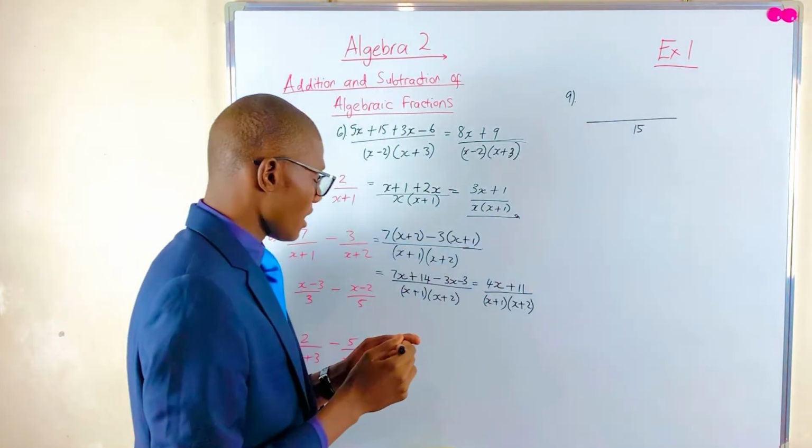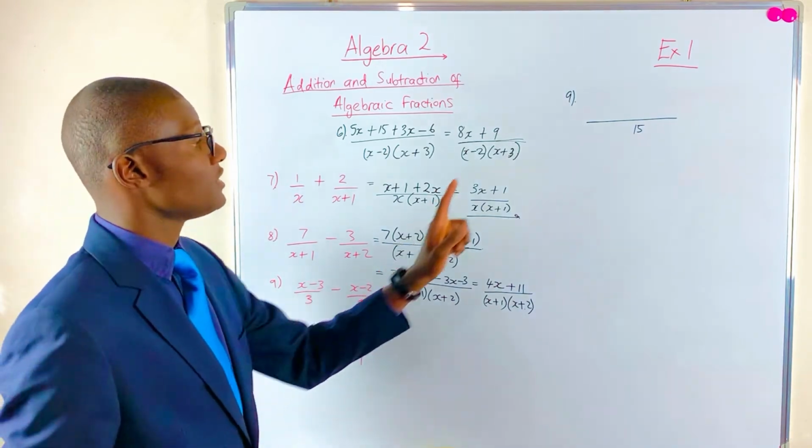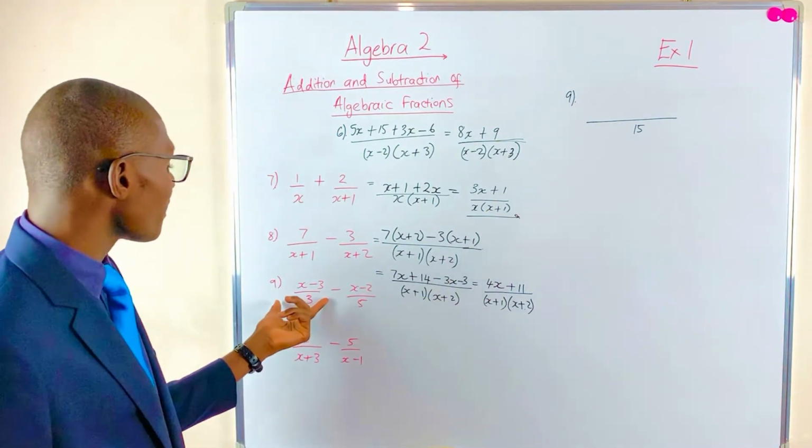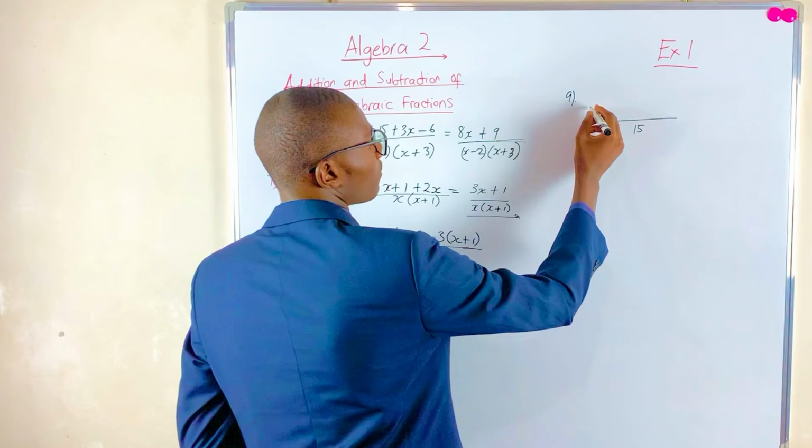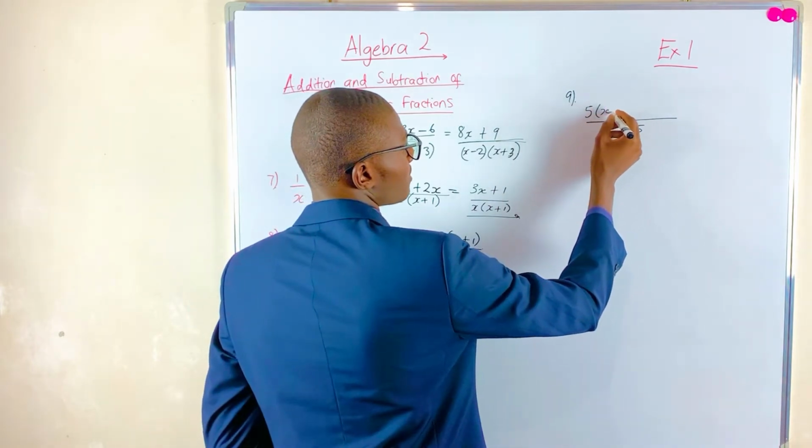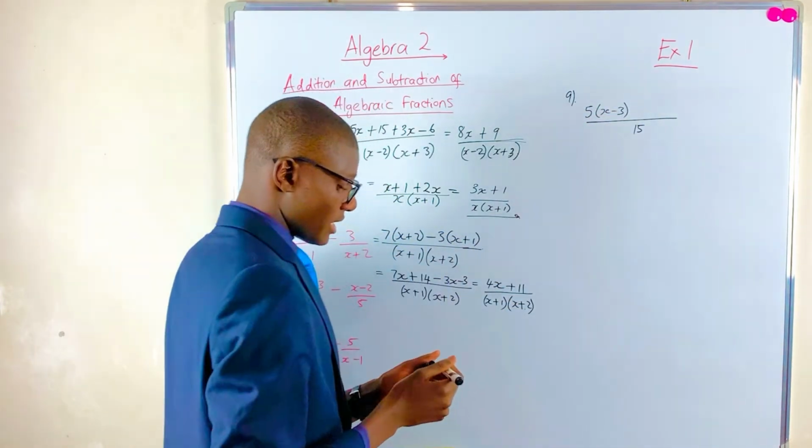3 times 5 to give us a 15. Right. And now we shall say 3 into 15, we get a 5. 5 times x minus 3, right, we're saying 5 times x minus 3, you get that.